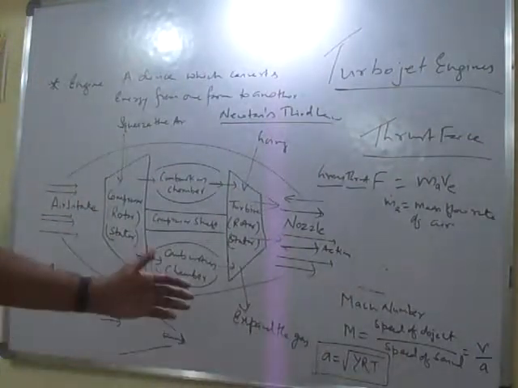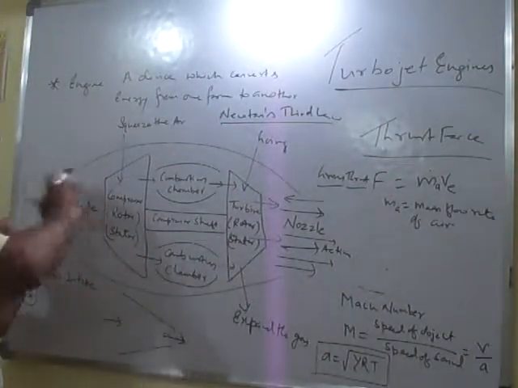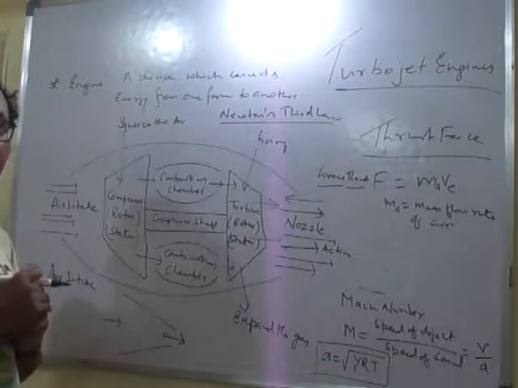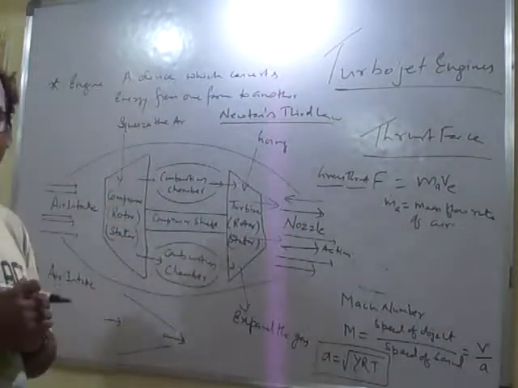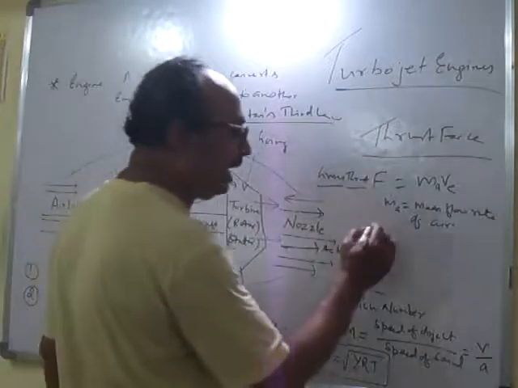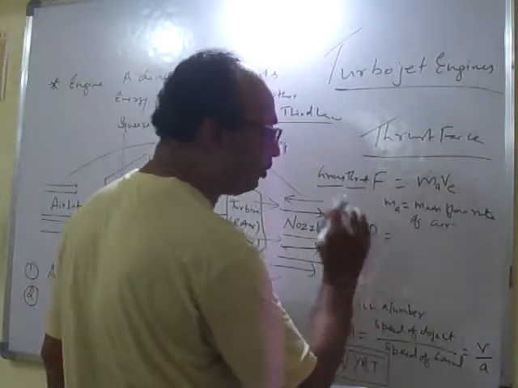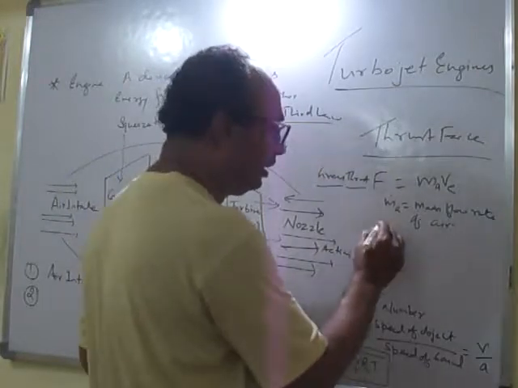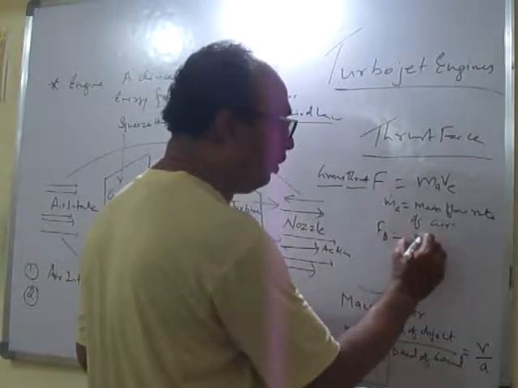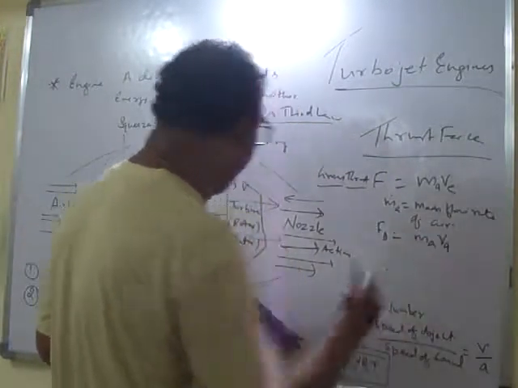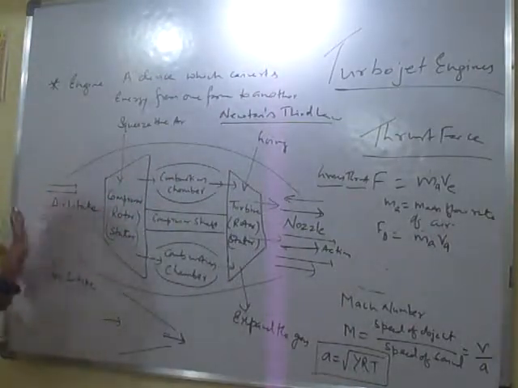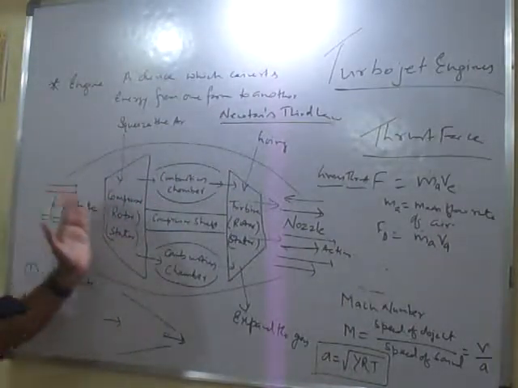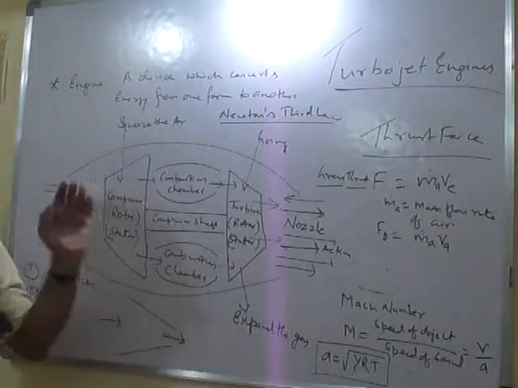Now what happens once this complete structure, this engine structure, is moving forward? It will face some type of drag also, with some velocity of air which is entering here. So that drag force we can write as FD. FD is equal to M dot A VA, and VA is the velocity of the aircraft or the velocity of the air which is coming inside.